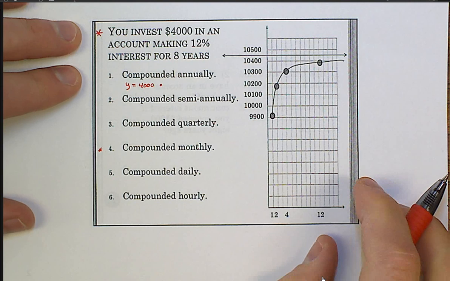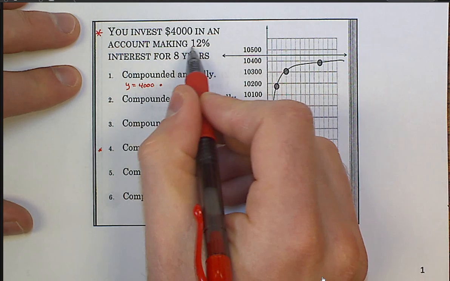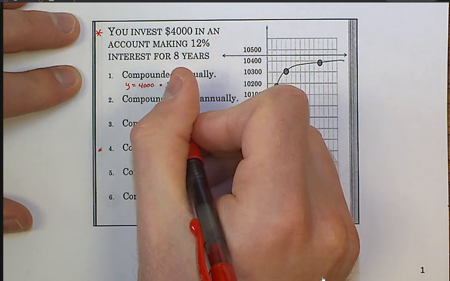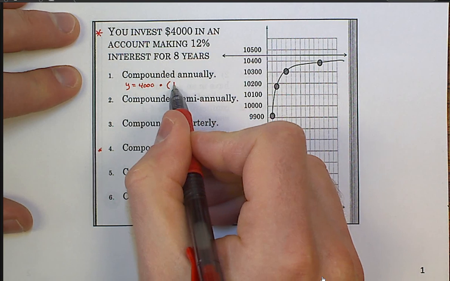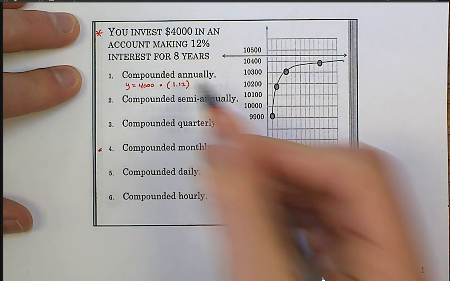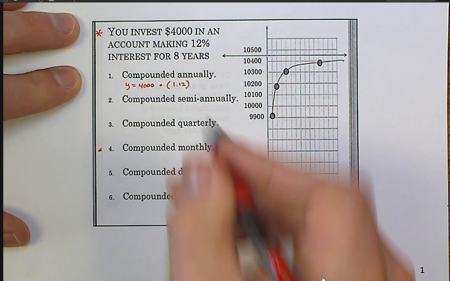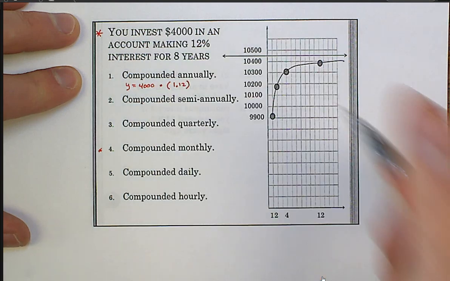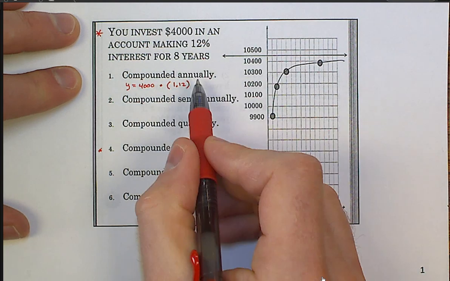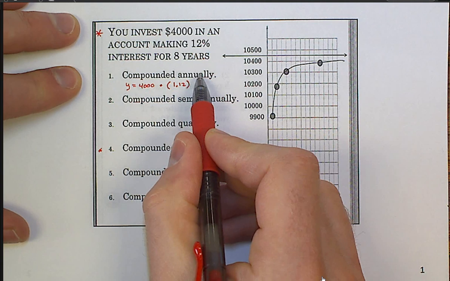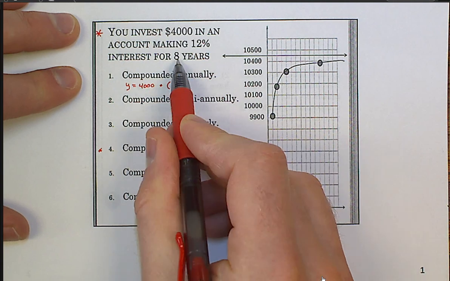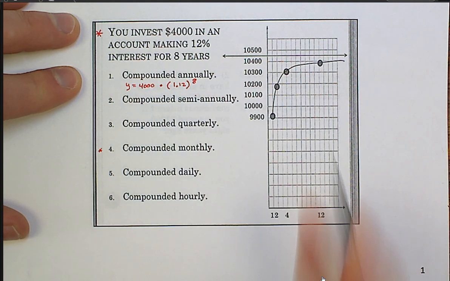How is it growing? Well, it's growing at an interest rate of 12%. So don't put 0.12 there. Remember, it's 1.12 because we have to include the 100% of our $4,000. And if it's being generated annually, which means one time a year, interest is going to be generated 8 times.